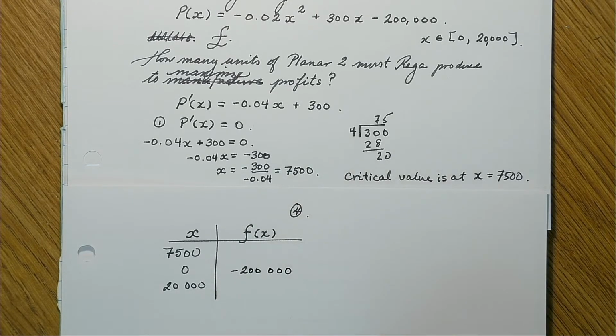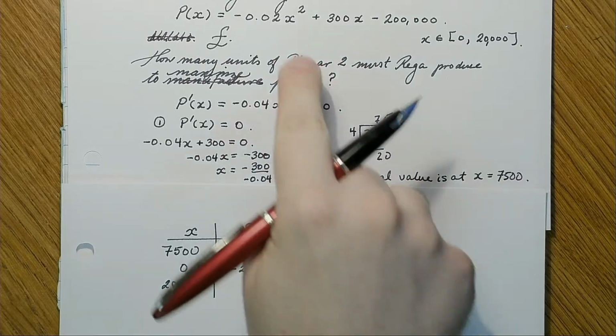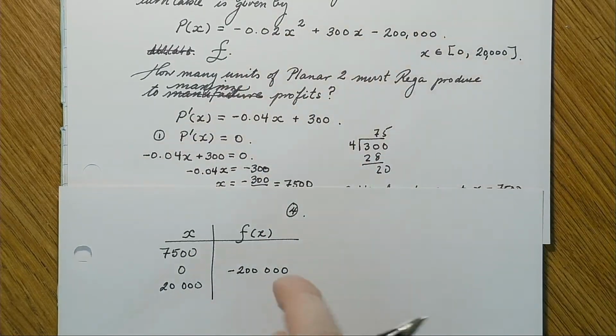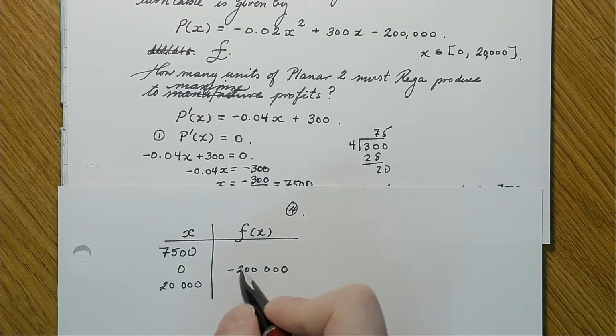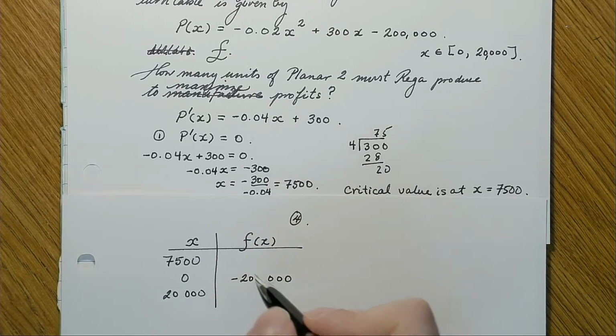That's easy for me to do because at 0, f(0) gives me minus 200,000. The 7,500 is a little bit more difficult.